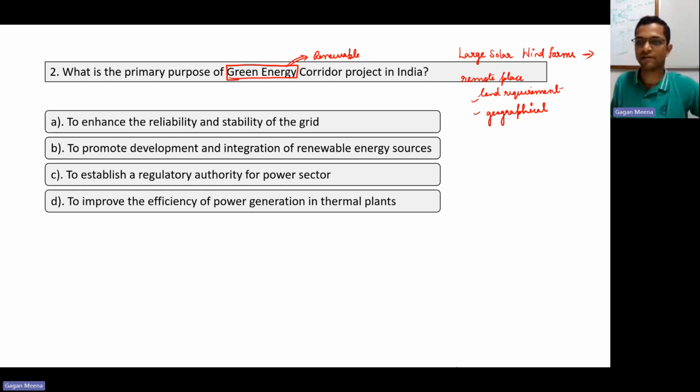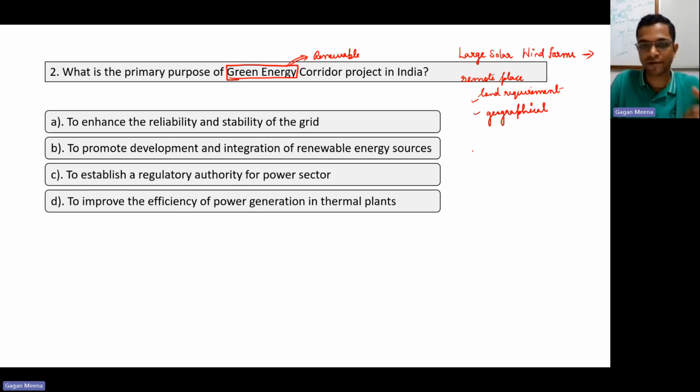Certain states have higher potential for solar and wind generation. For example, the coastal belt has more potential for wind generation. Similarly, for solar we have Ladakh, Rajasthan, Gujarat, Madhya Pradesh. These are the areas where the potential for solar is more.